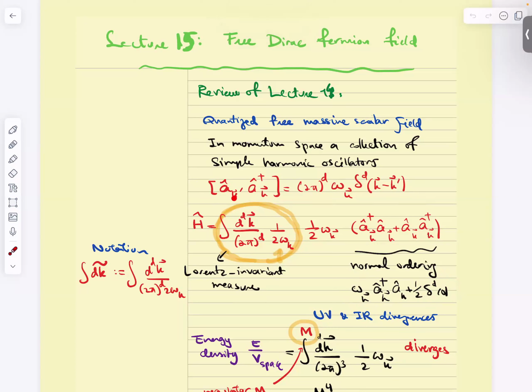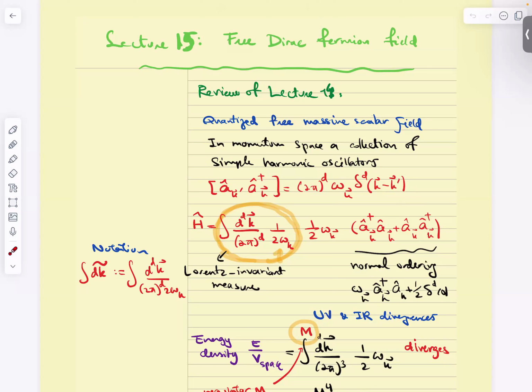If you want to swap a_k and a_k dagger, you get spatial Dirac delta of 0. Where is the infinity in there? Anyone? What is the Dirac delta function in momentum? What's the Fourier transform of Dirac delta function? Constant. That constant integrated over volume gives you infinity. That's the infrared divergence, right?